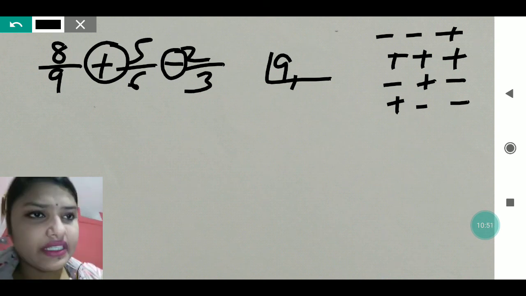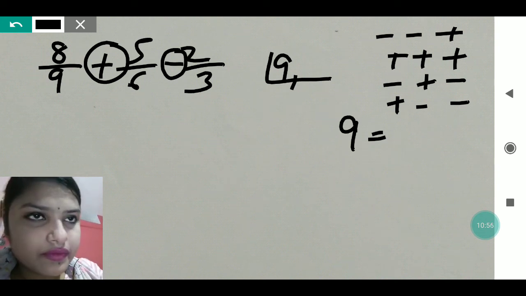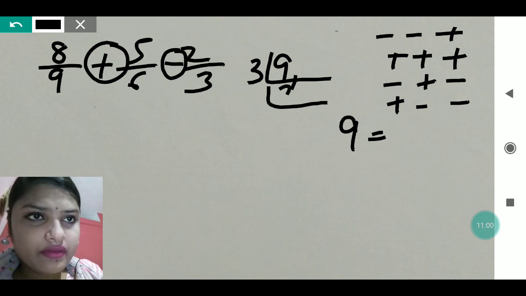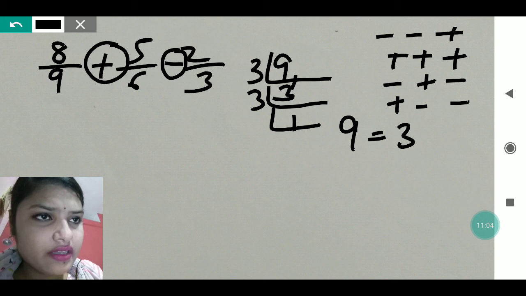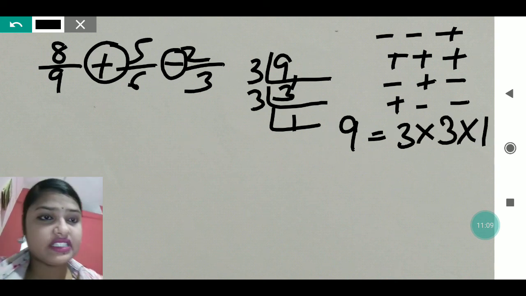How? Just see. Nine is divisible by 3, so you will write 3. Then again it is divisible by 3, so 3, 3, and 1. This is the prime factorization of this 9.